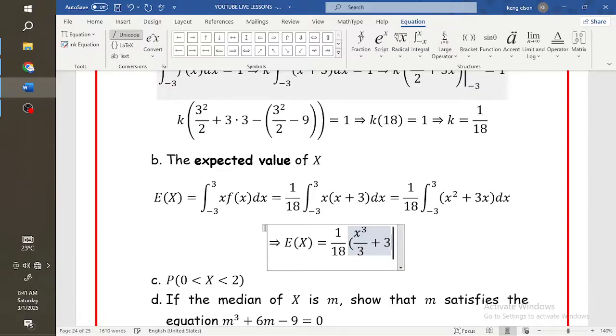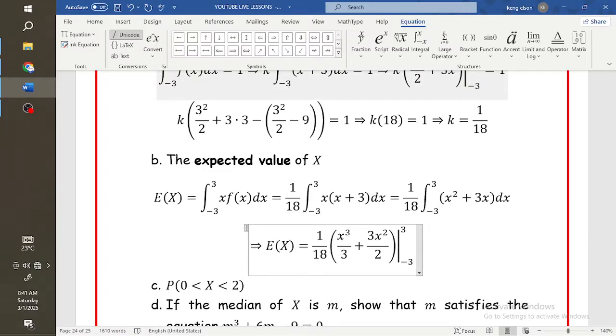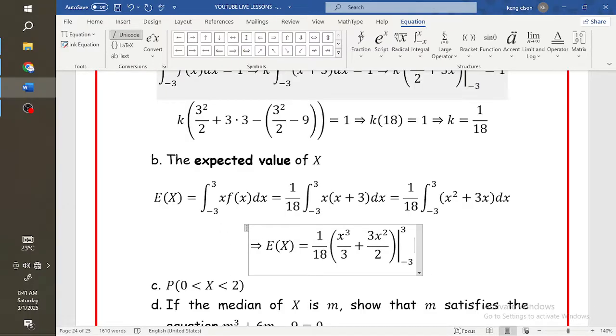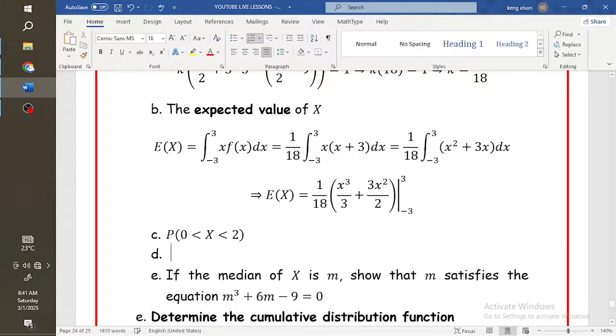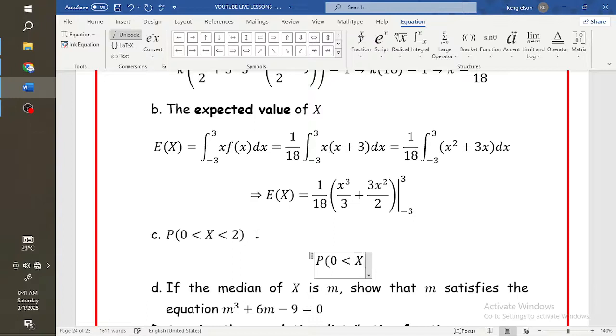Integrating the second term, I get 3x squared on 2. This is from minus 3 to 3, so you are going to have 1 over 18. But please also do this one and tell me your answer in the comment section, or get to me on WhatsApp. Now what is the probability of 0 less than x less than 2?